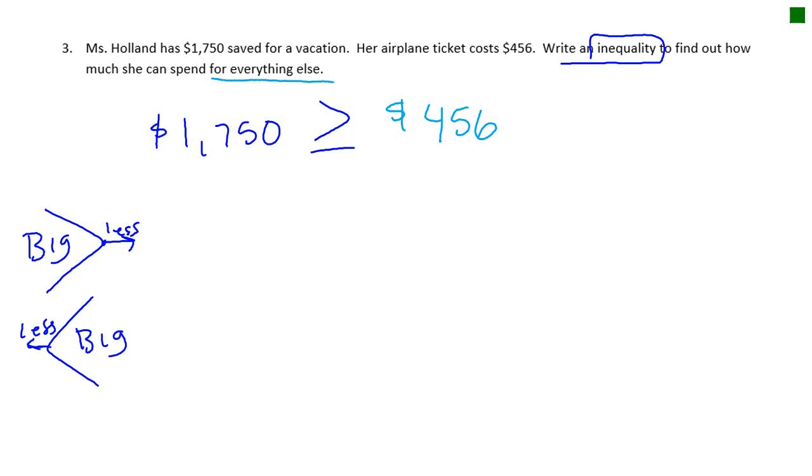That means I'm going to add x, and x represents everything else. You don't know what else you're going to be spending on. Maybe you'll spend it on food, maybe you'll spend it on clothes. Whatever it is, you're only going to spend the plane ticket, and everything else has to be less than the money you saved. You don't have any more money. Can you guys try number 4 for me?